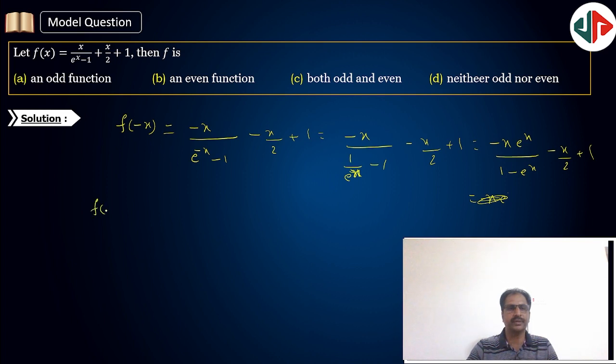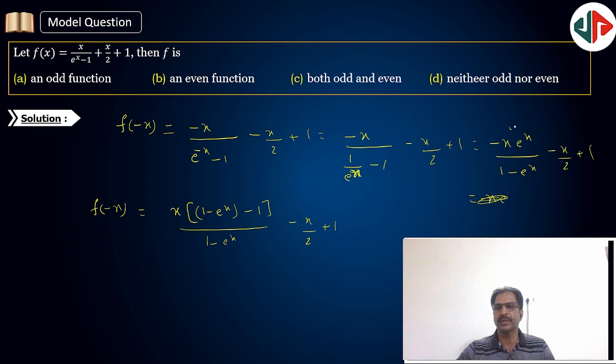So f of minus x is equal to x into that minus e power x I am writing like this. Add and subtract 1 by, this is minus x e power x. I took x out, and for a minus e power x I added and subtracted 1.